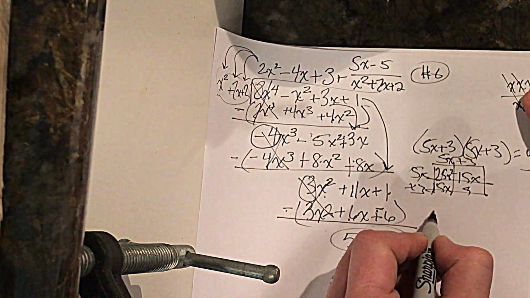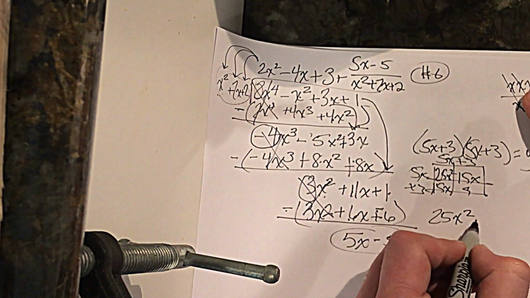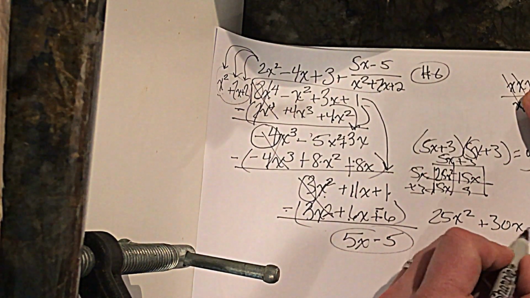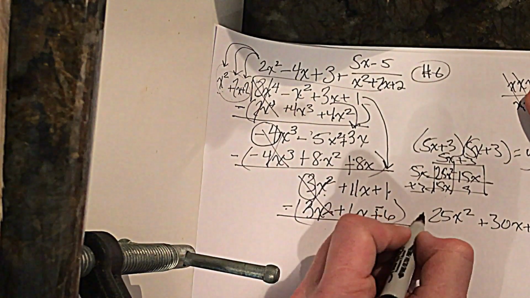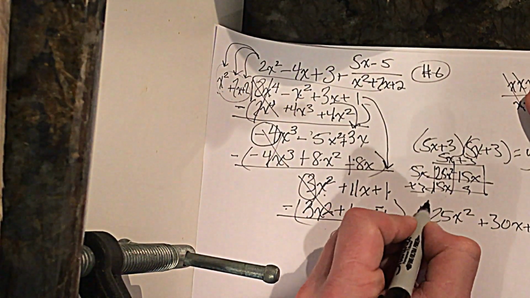So altogether we've got 25x squared, 30x, and then 9. So this is our number 7.